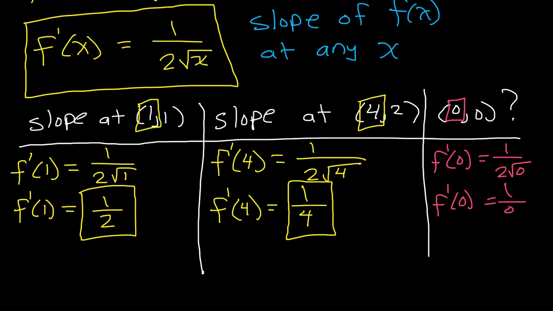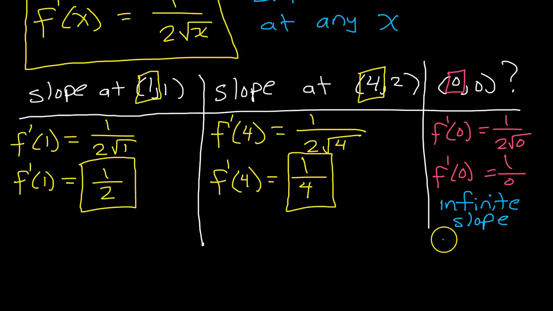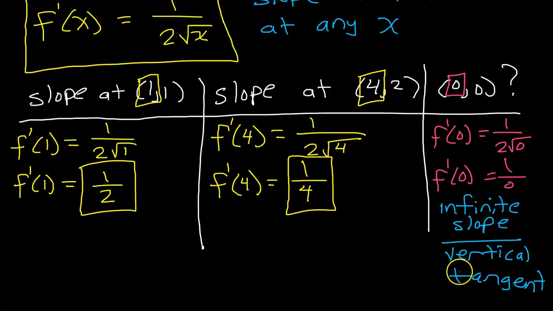This is because the slope is infinite. In other words, the tangent line is a vertical line. So there is no slope at (0, 0) because the tangent line is vertical.